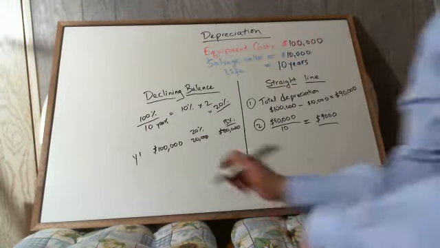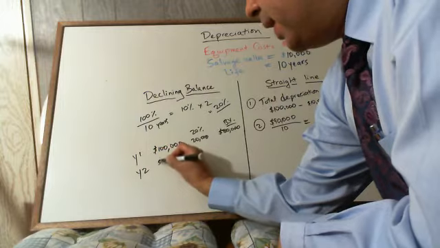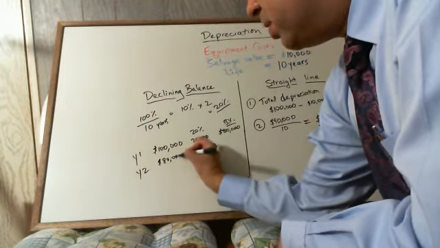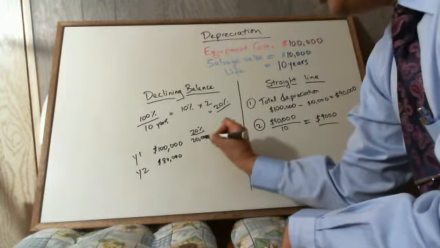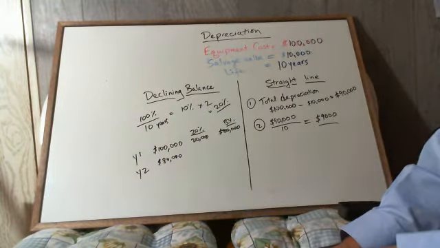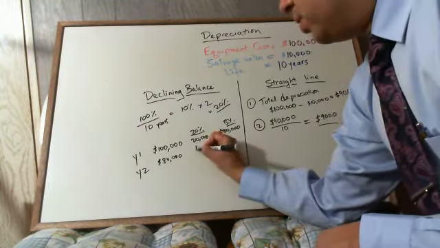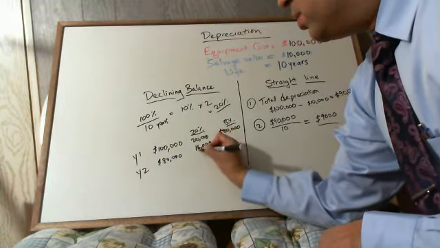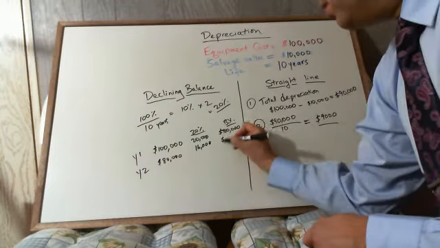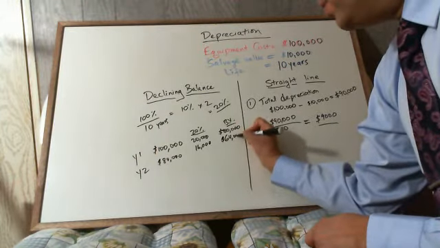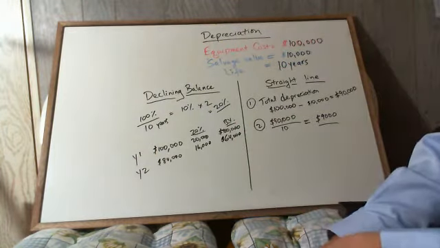In year 2, we have $80,000, and we then subtract 20% of that. 20% of $80,000 is $16,000, and when we subtract that, we end up with $64,000. This is the new book value in year 2.